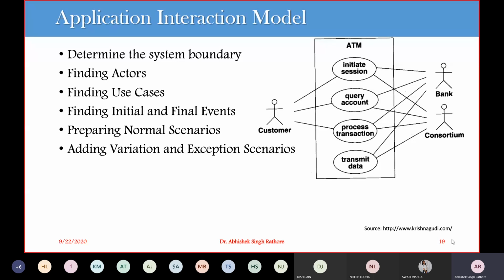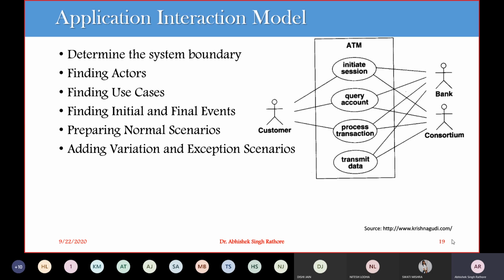So the focus of our domain modeling is building a model of the intrinsic concepts. After completing the domain model that we completed in the last classes, we'll shift our focus to the details of an application and how it interacts with other artifacts.